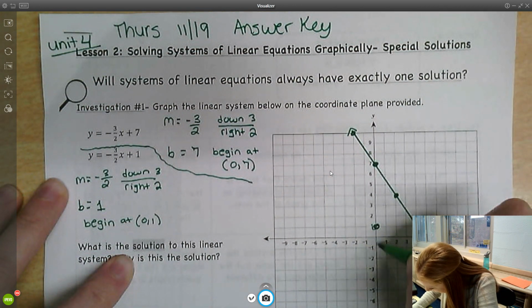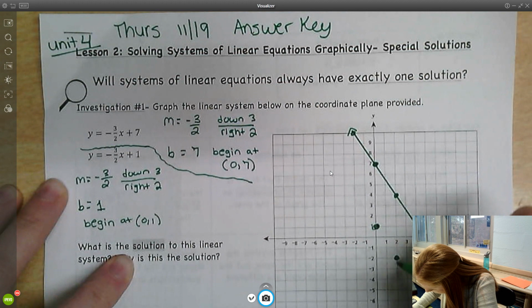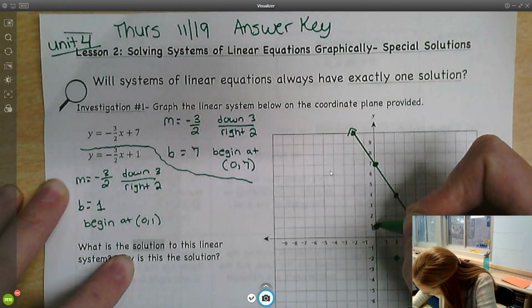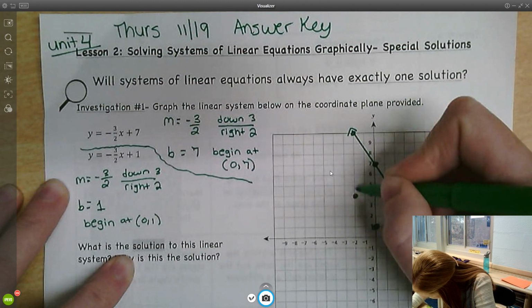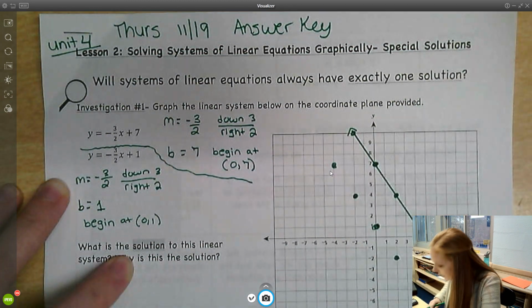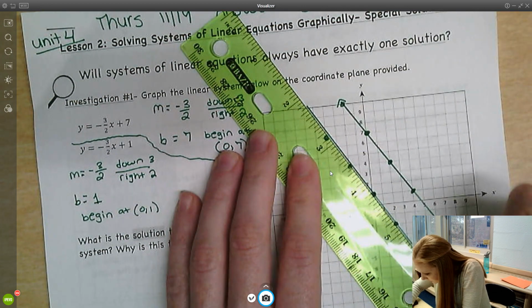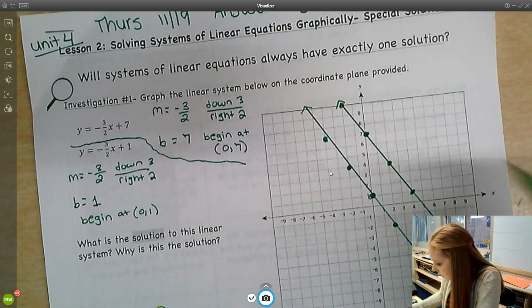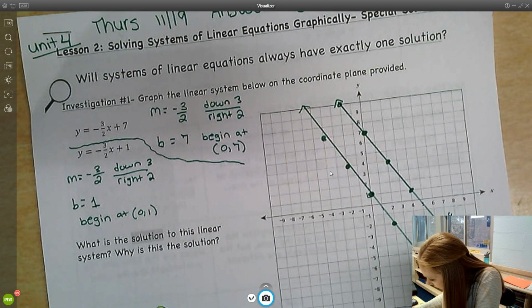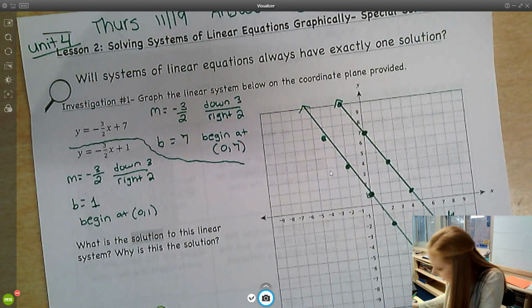Down 3, right 2, and up 3, left 2 to go backwards. Connect them. Label them. This one was y equals negative 3 halves x plus 7. This one was y equals negative 3 halves x plus 1.